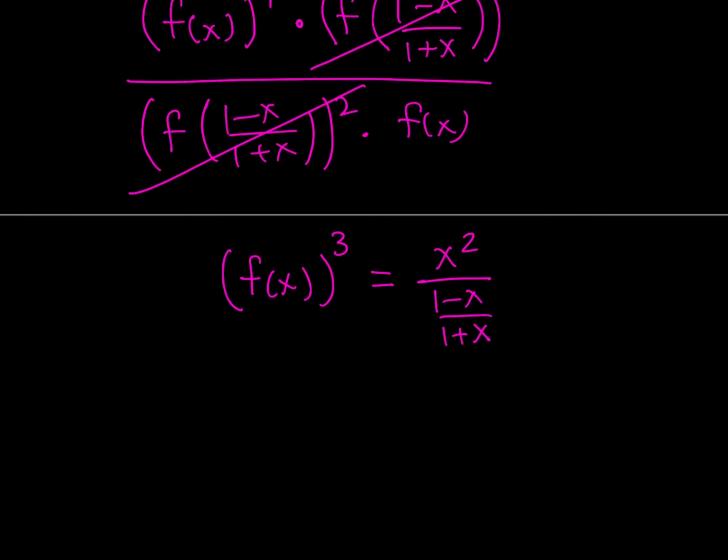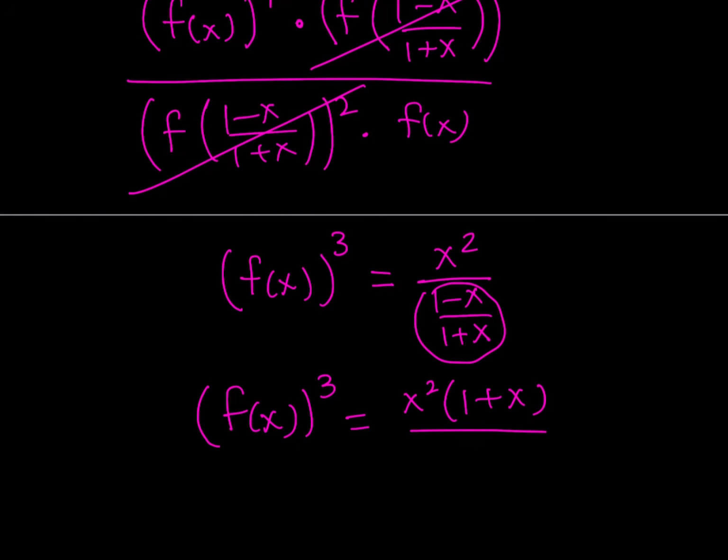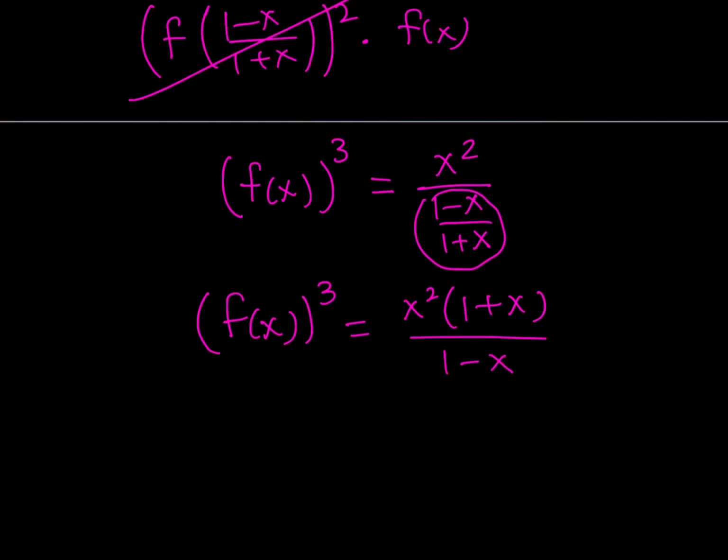Cool. Let's simplify this. How do you simplify this? Well, I can just flip this expression here and multiply by x squared. That should give me x squared times 1 plus x divided by 1 minus x. And since I'm looking for f of x, and again, in this case, x cannot equal 1, you can safely say that.